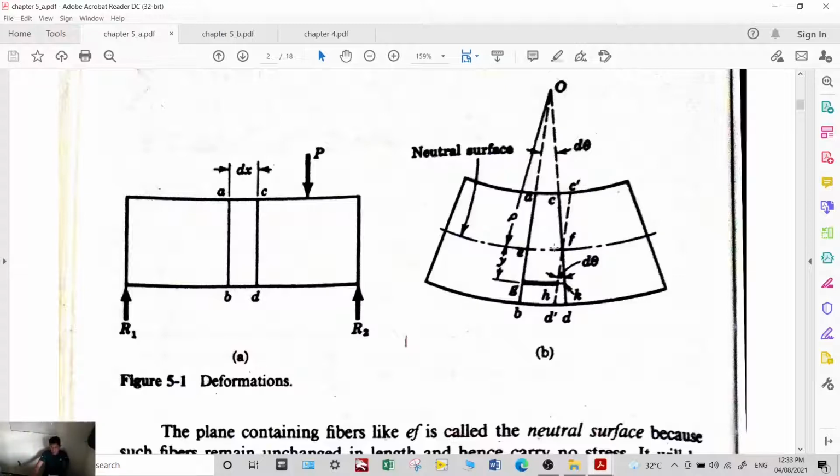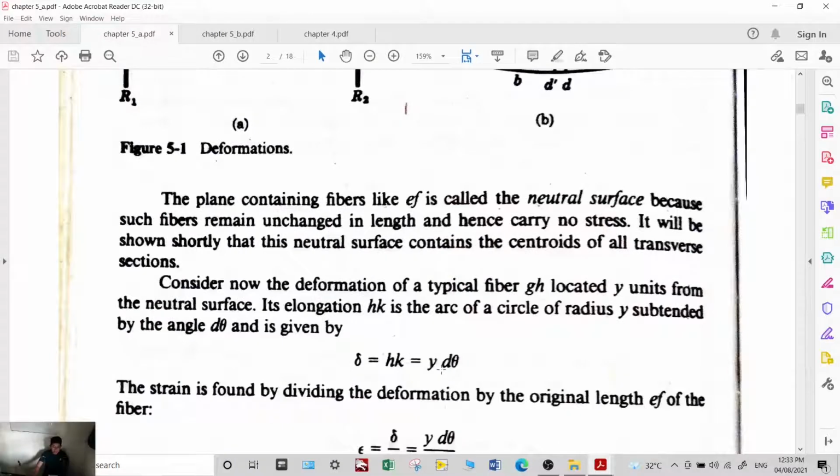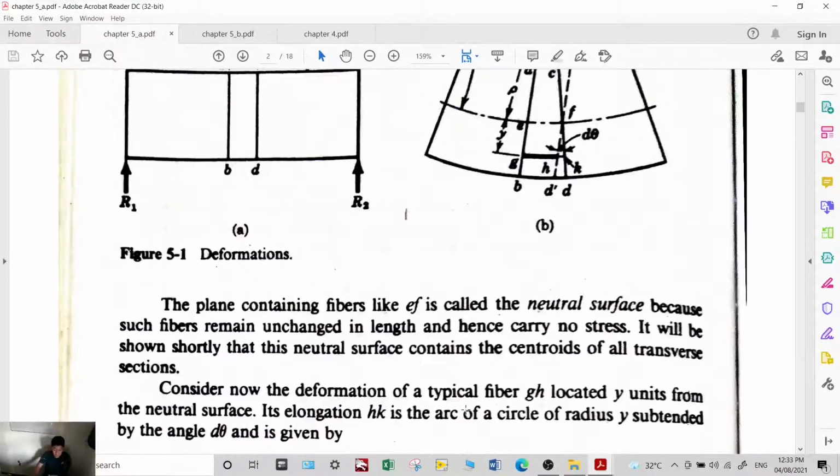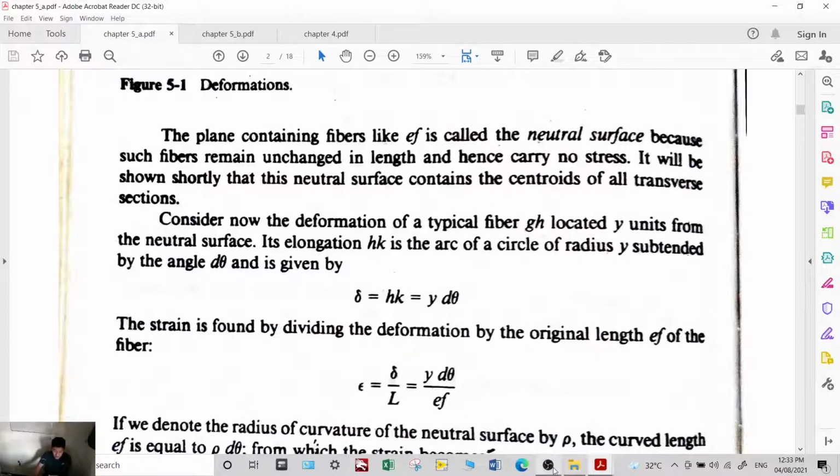Looking into the diagram, this HK is just an arc length. The radius of this arc is y, the same y here. So it is y d theta, since d theta is the angle. Anyway, let's solve this one on the board.